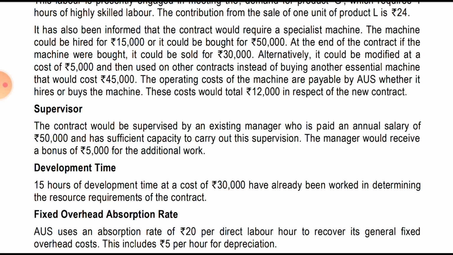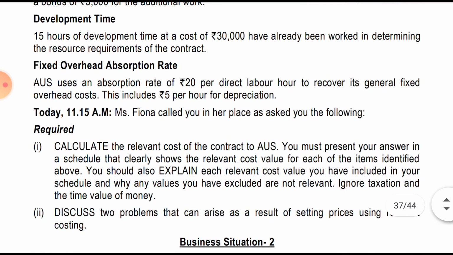Then the development time: 15 hours of development time at a cost of 30,000 have already been worked. So this also forms an irrelevant cost in determining the resource requirement of the product. We'll move forward. Fixed overhead absorption rate: this cost will also be irrelevant.